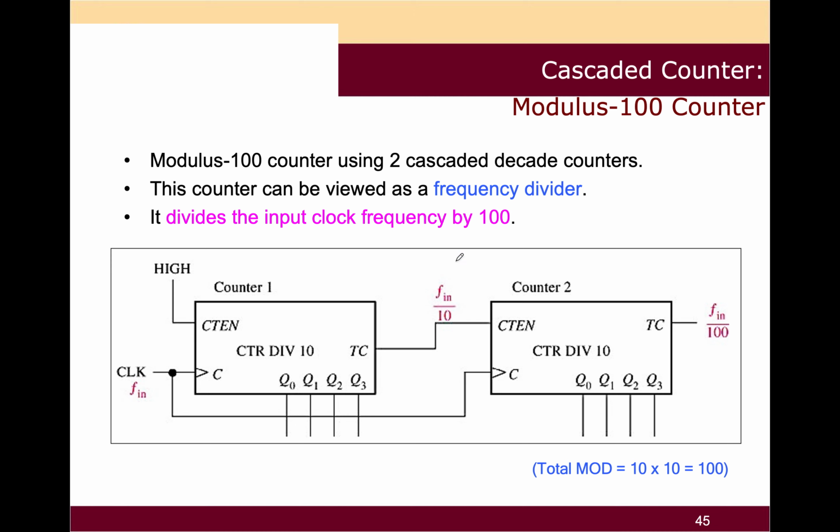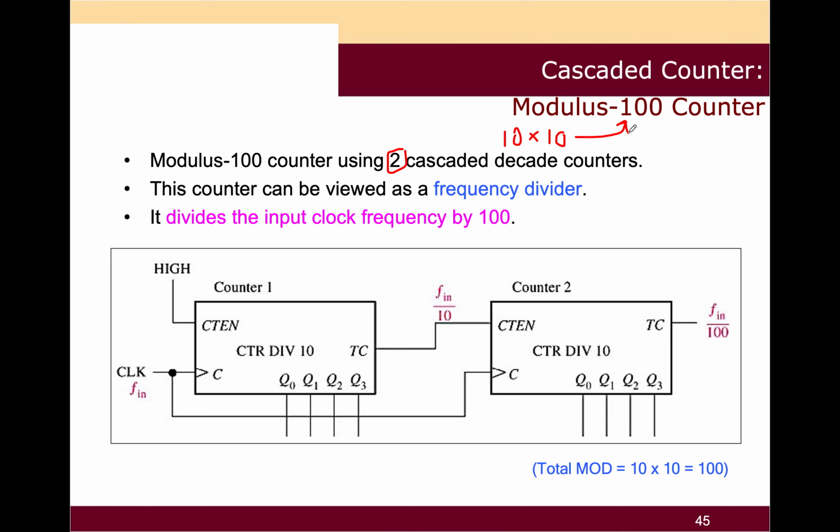How? Decade is 10, of course. So you have two 10s, or decade counters, and you get a total of modulus 100 counter.